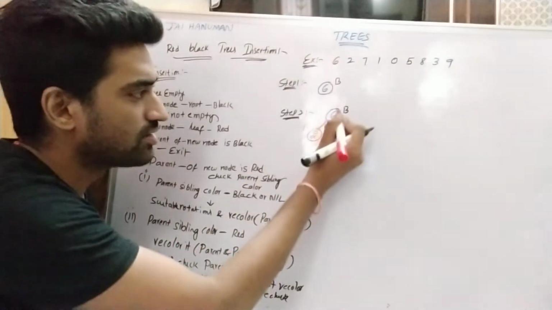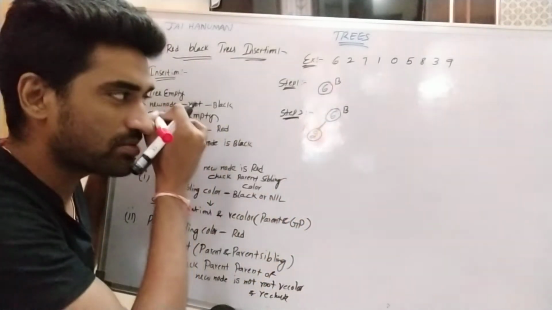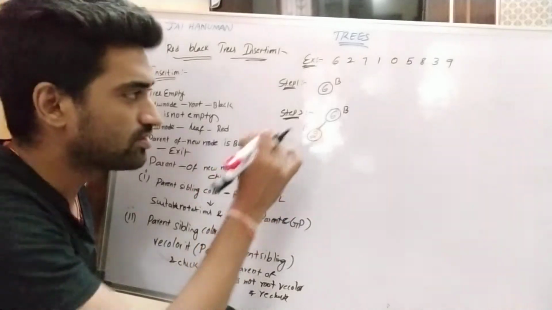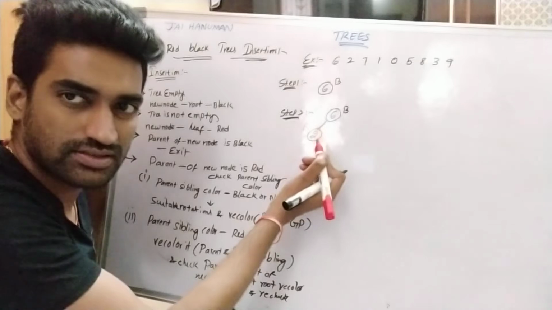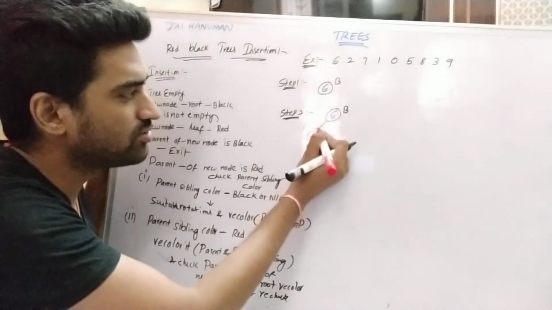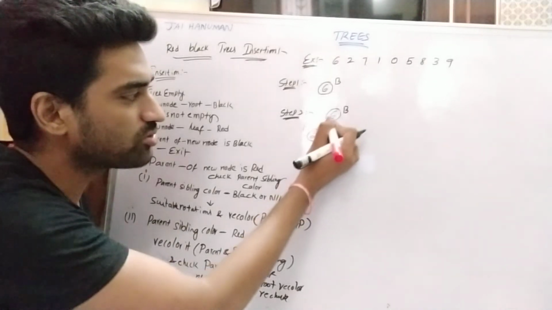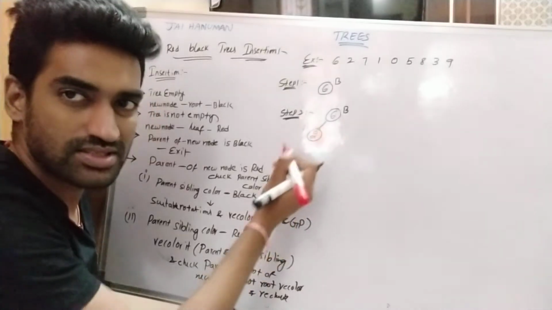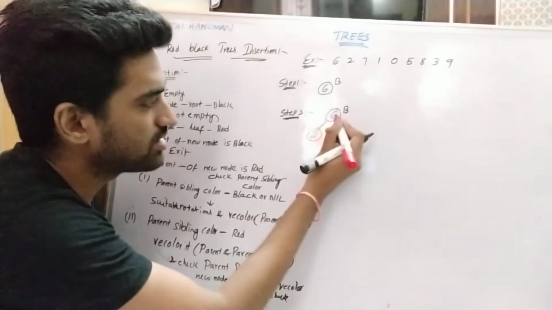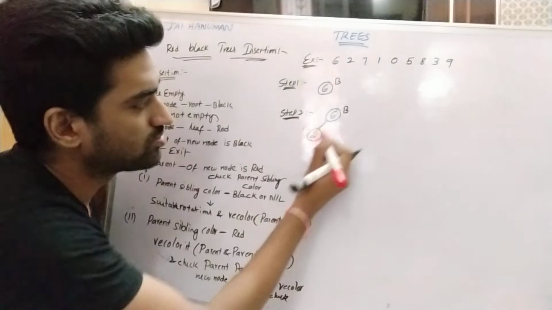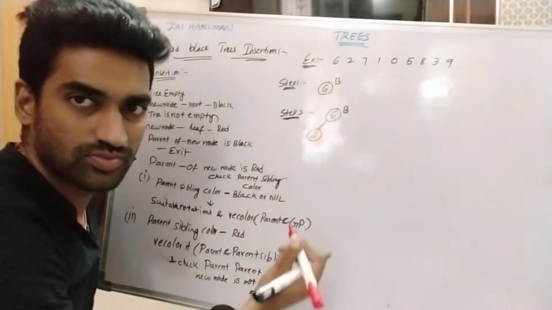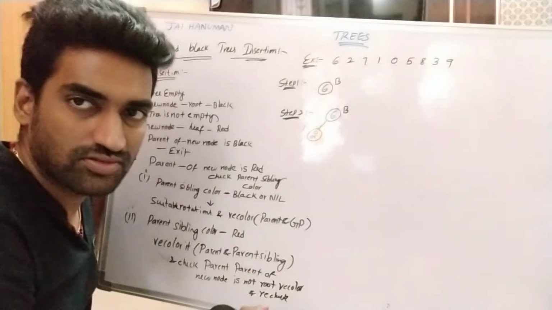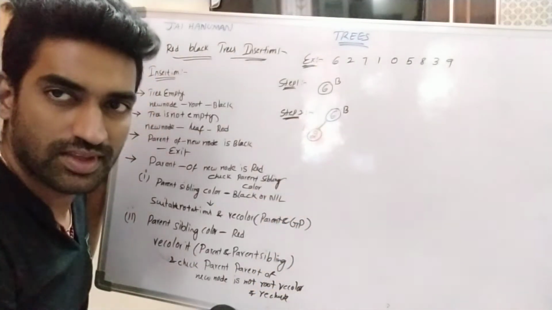Because all the properties are satisfied: the BST property, no red-red conflict, and every path from the root node to a nil node has the same number of black nodes. Here 1, 2, 1, 2, 1, 2, the same number of black nodes. Now this is a red-black tree, right?